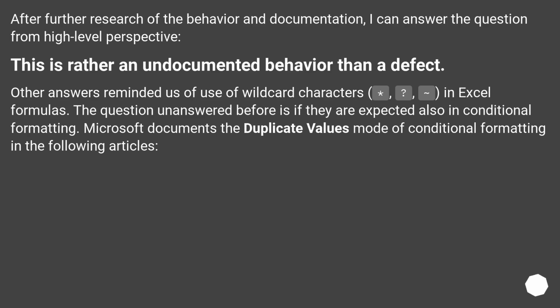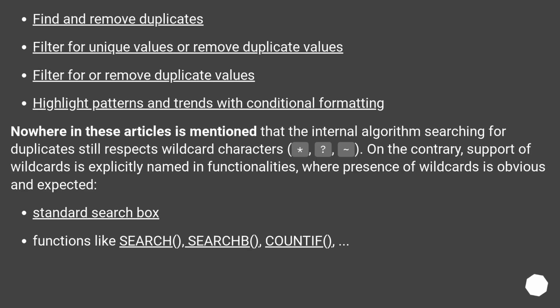Microsoft documents the duplicate values mode of conditional formatting in the following articles. Find and remove duplicates. Filter for unique values or remove duplicate values. Filter for or remove duplicate values. Highlight patterns and trends with conditional formatting.